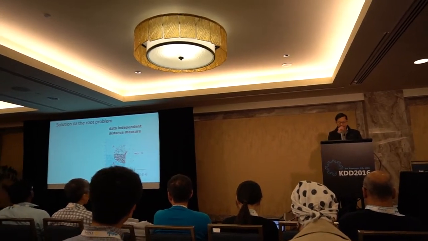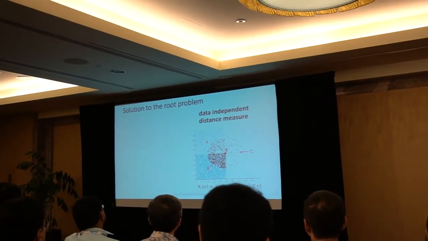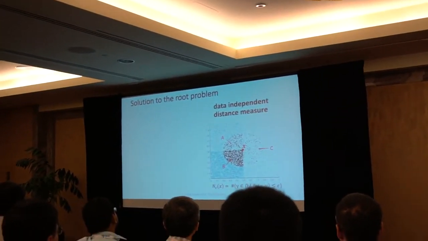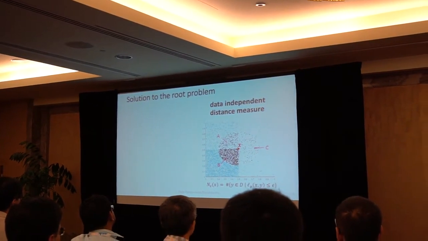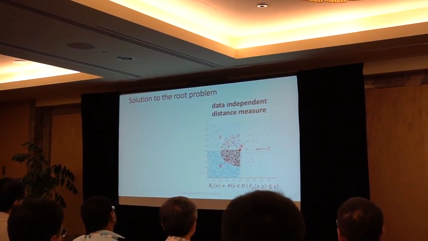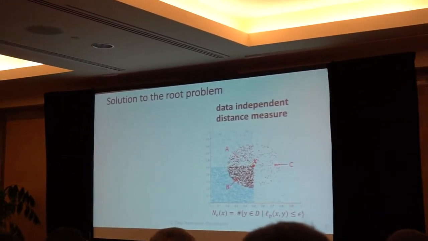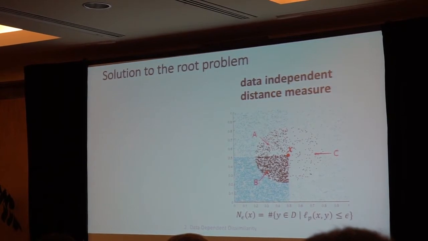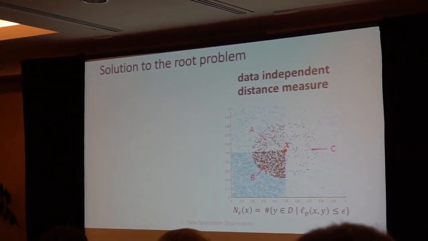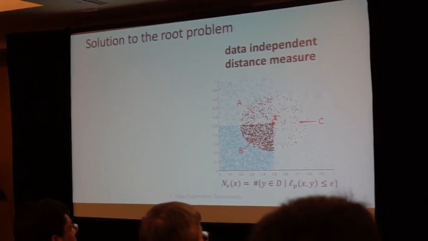So look at this example here. This is the data-independent distance measure. What you see at the bottom is the typical epsilon neighborhood function people use to estimate the density of a point. If you're using this particular function, a very important thing is that you have to fix the epsilon value.